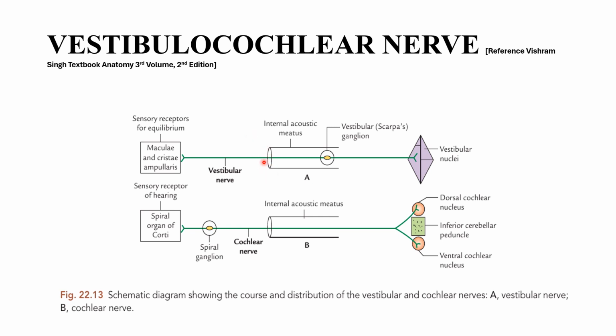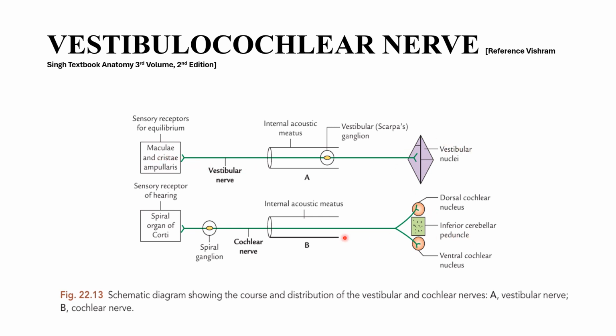There are foramina specially for the vestibular nerve, and through these they come out and reach their destination. What is the destination? The crista ampullaris and maculae, inside the membranous part of the labyrinth of the internal ear. Okay, so this was about the vestibular nerve.